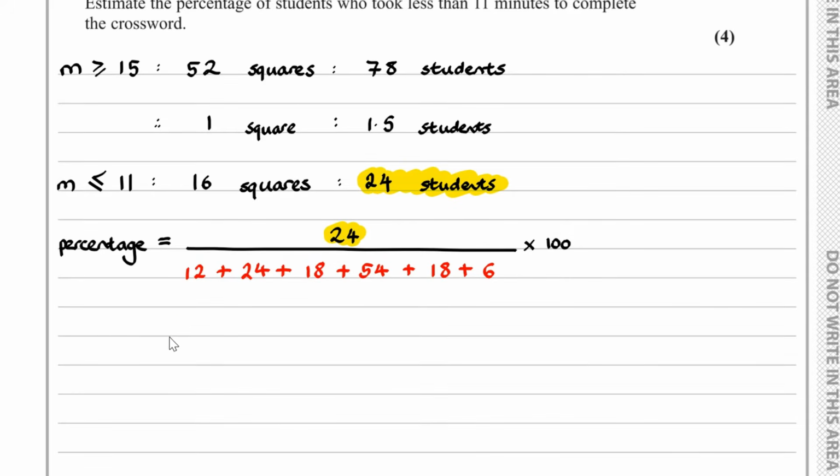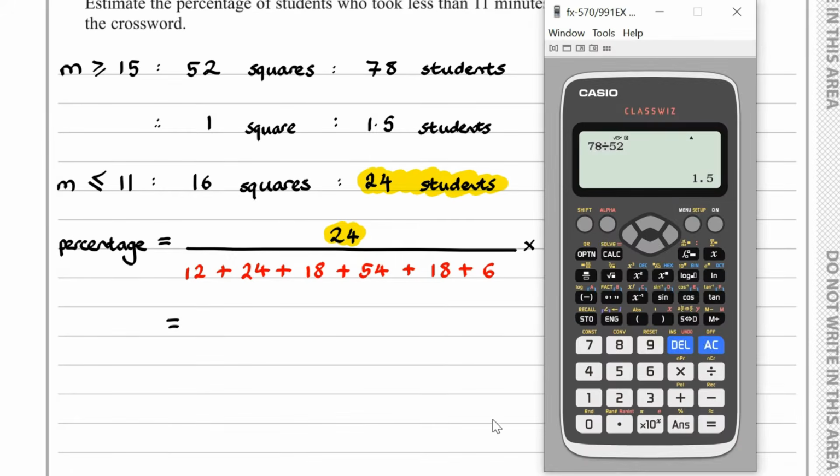So working all of this out using our calculator, we have 24 divided by 12 plus 24 plus 18 plus 54 plus 18 plus 6, and then we multiply this by 100, we end up with 18.2%. So we have 18.2% to 3 significant figures.